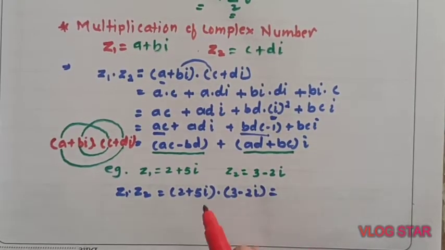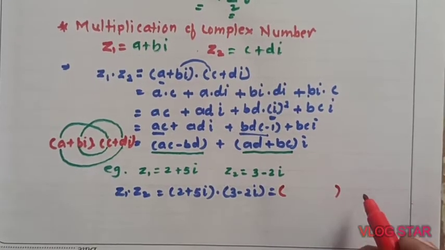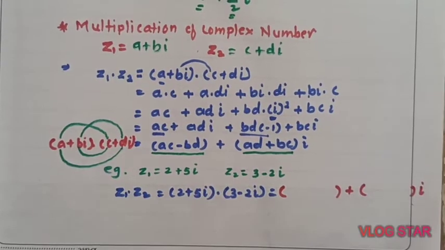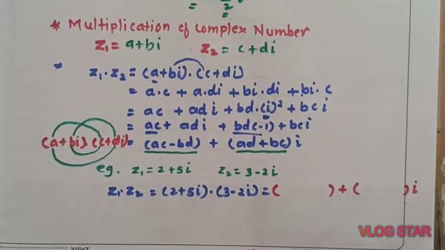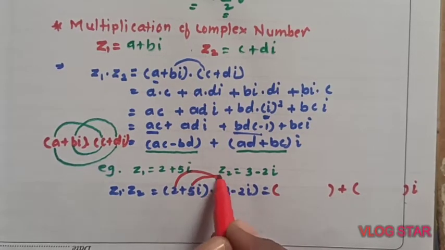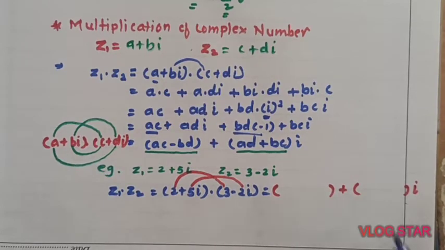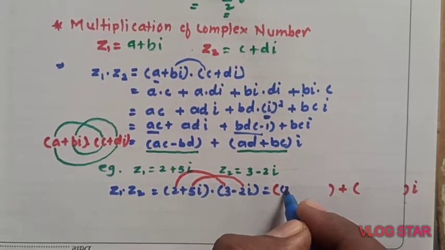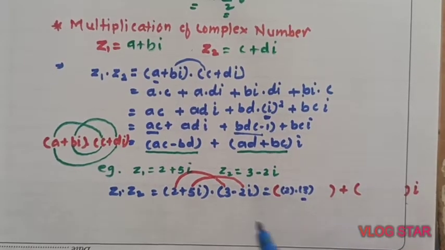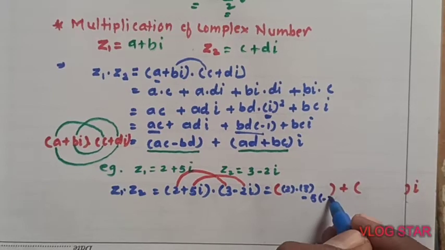We will apply the shortcut formula for this: how to get the real part plus how to get the imaginary part into i. Look here carefully. For the real part I need to use this structure: 2 into 3 minus 5 into minus 2.